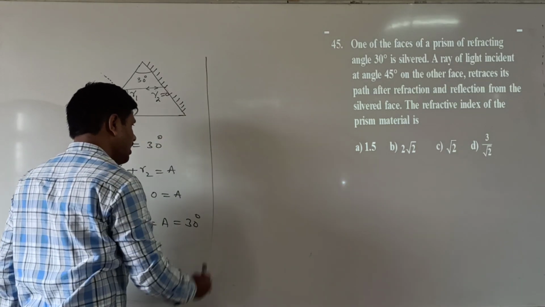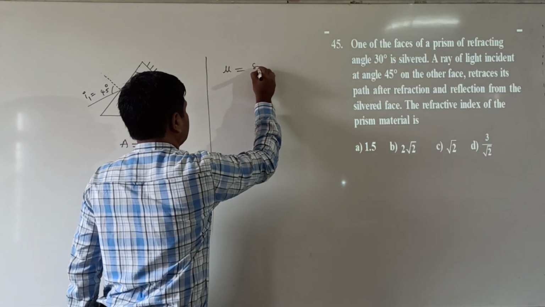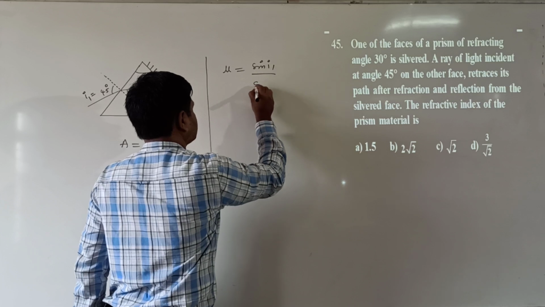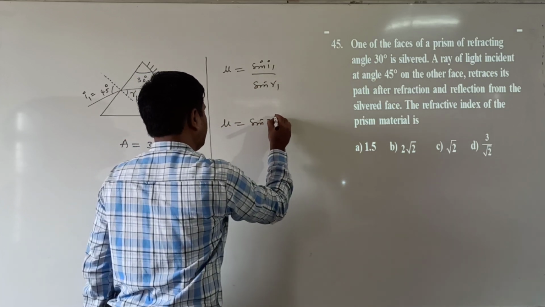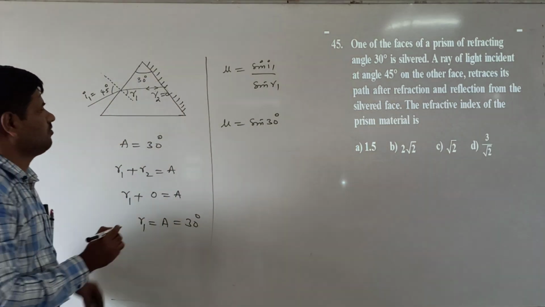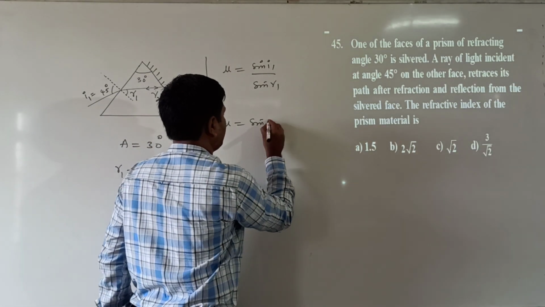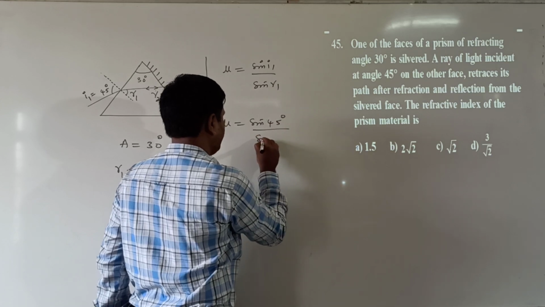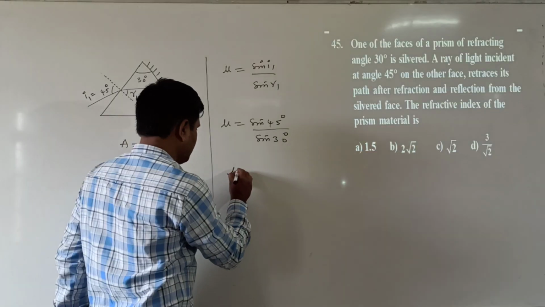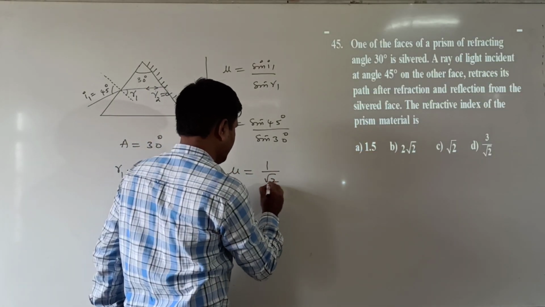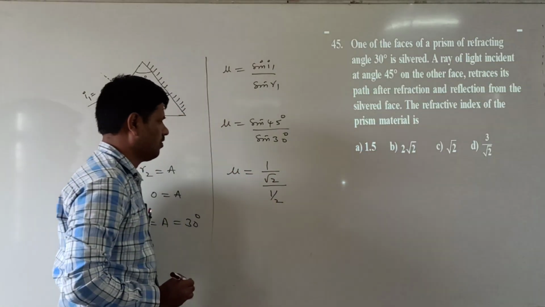Now from Snell's law, we write mu is equal to sine I1 by sine R1. Mu is equal to sine 45 degrees by sine 30 degrees, where I1 is equal to 45 degrees. Now sine 45 is equal to 1 by root 2, and sine 30 is equal to 1 by 2.